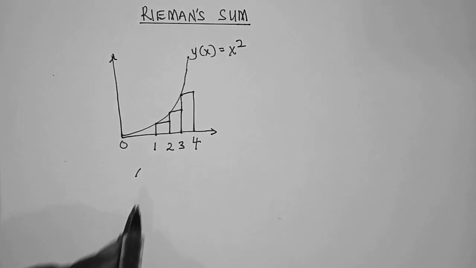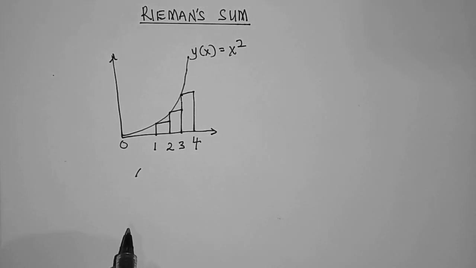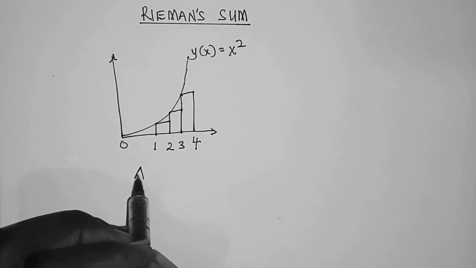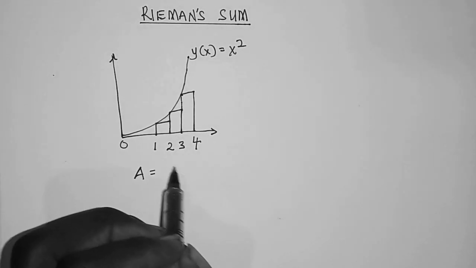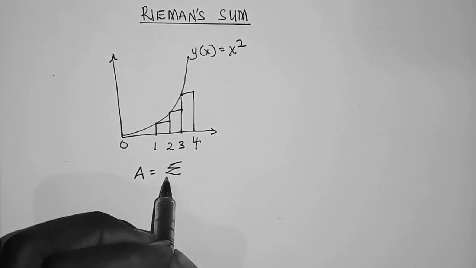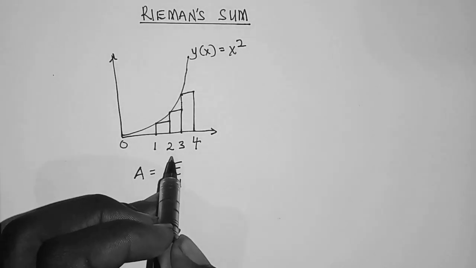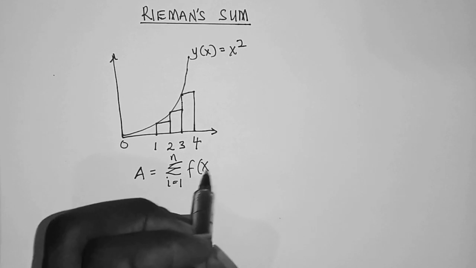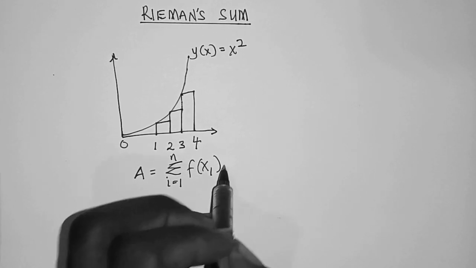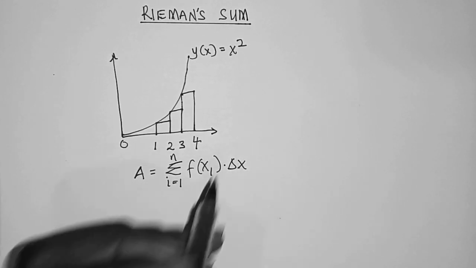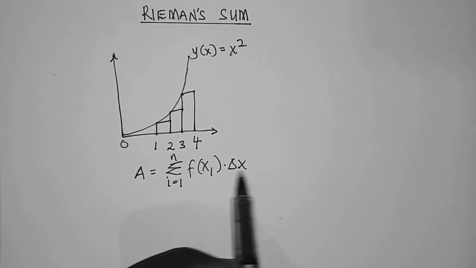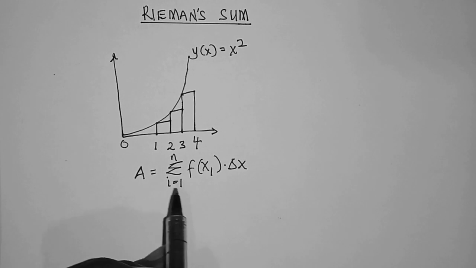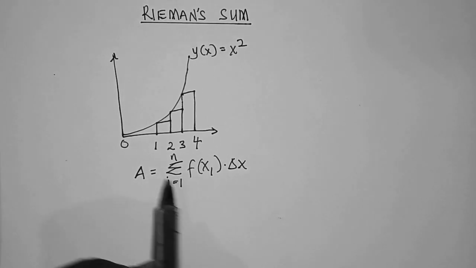Now, the statement of the Riemann formula says that the area under the curve is given by the sum from i equals 1 to n of f of x sub i times delta x, where delta x is the width of the rectangle.